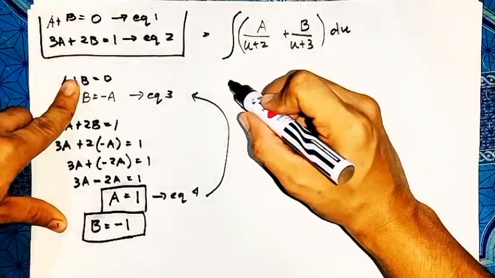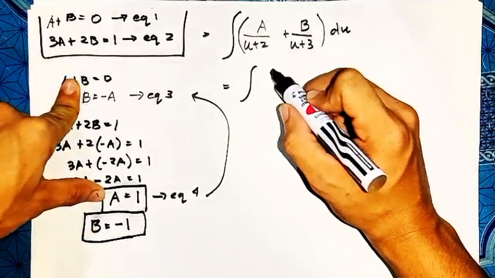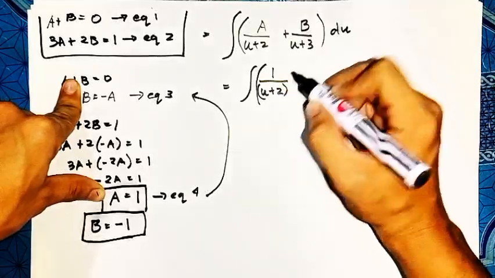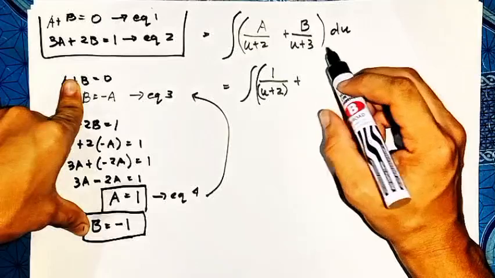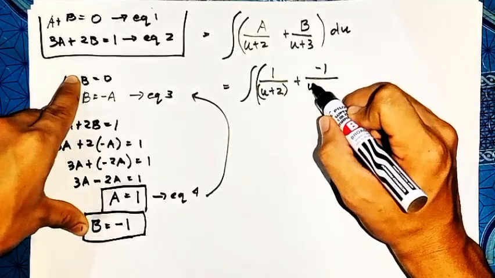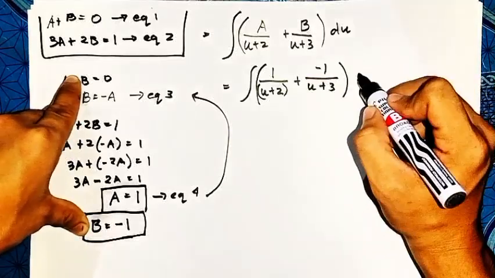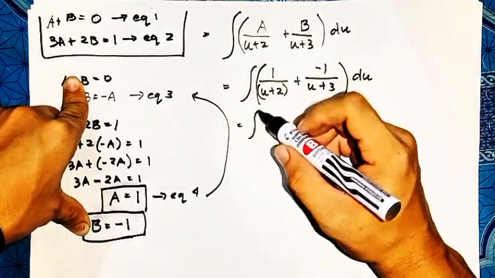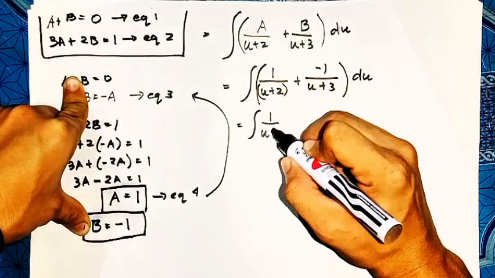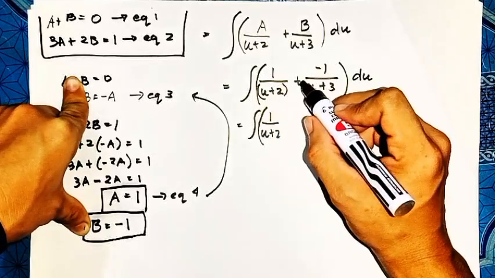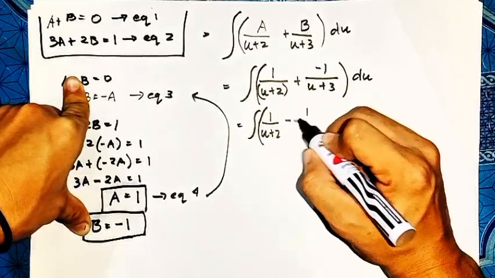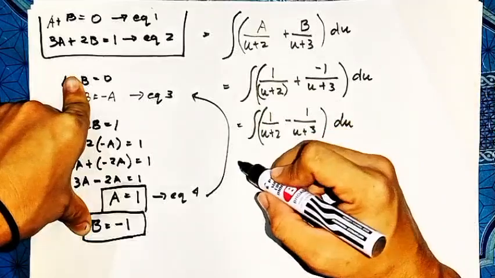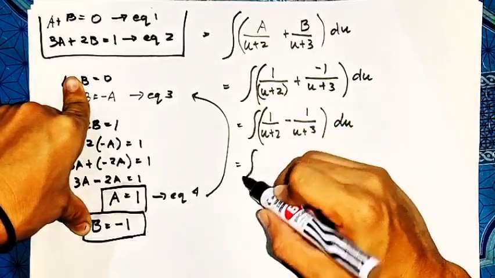The integral of the value of A, which is 1 over u plus 2, plus the value of B, negative 1 over u plus 3. Don't forget the du. Next, positive times negative 1, we have negative 1 over u plus 3 du. Now let's integrate. But first, let's separate.